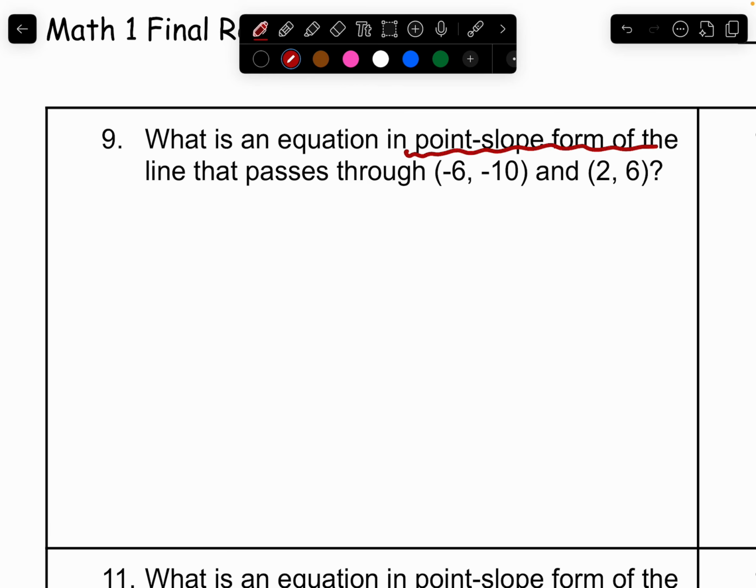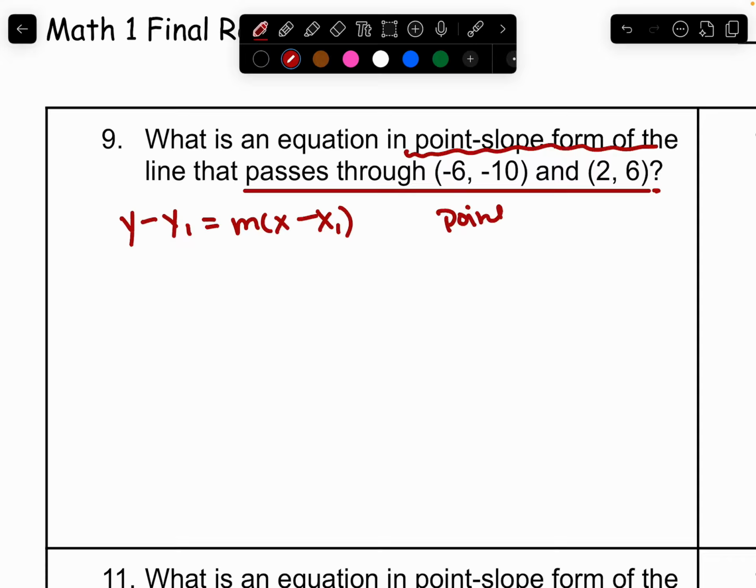Point slope form, if you look at unit 2.2, your equation is y minus y1 equals m times (x minus x1), right? And it says it passes through these points. So then we need a point. Our point is x1, y1, and our slope, we don't know.